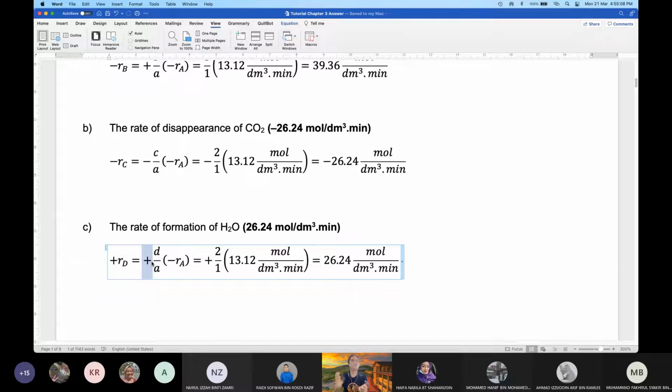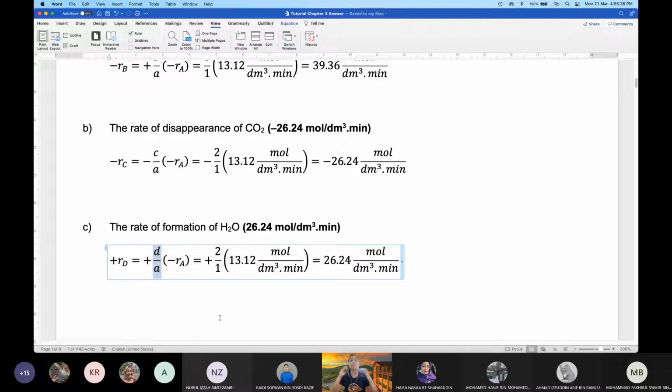It agrees with one another. The number is a positive number. So either you write the positive or you don't, it's fine. Kalau positive kita understandable. Kamu tulis tak tulis, kita tahu dia adalah positif. Okay, then don't forget, multiply with your D per A, your stoichiometric coefficient ratio, multiply with minus RA. So again, minus RA tak berubah, minus RA masih sama.